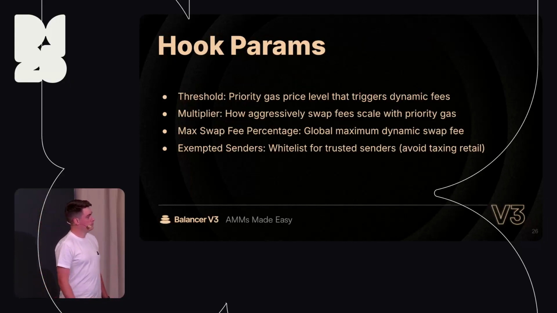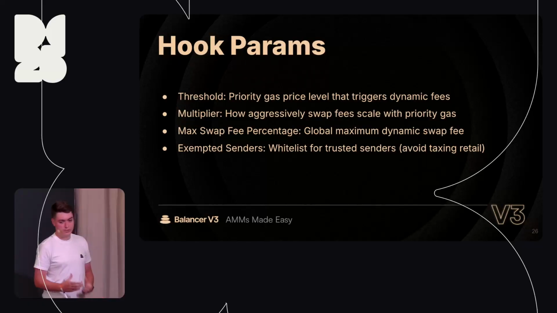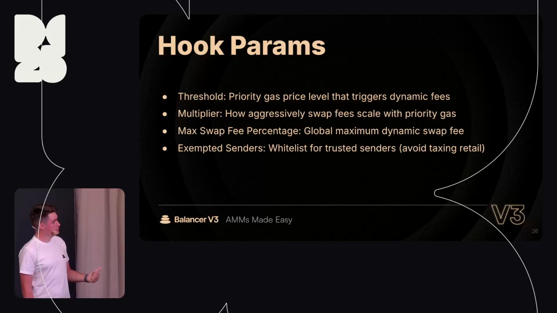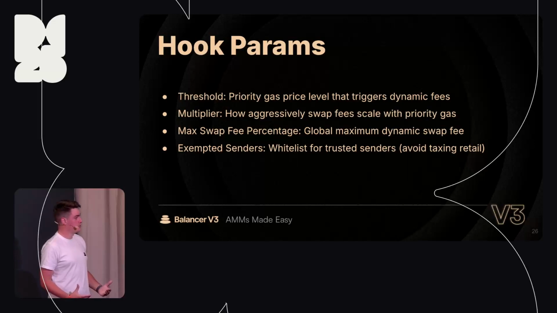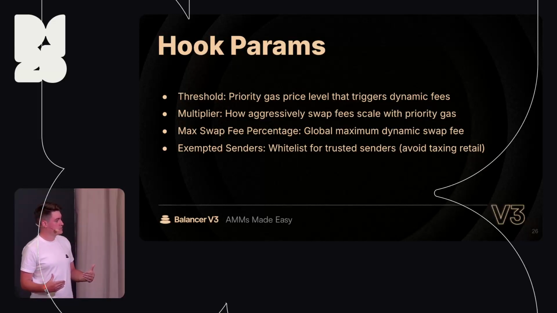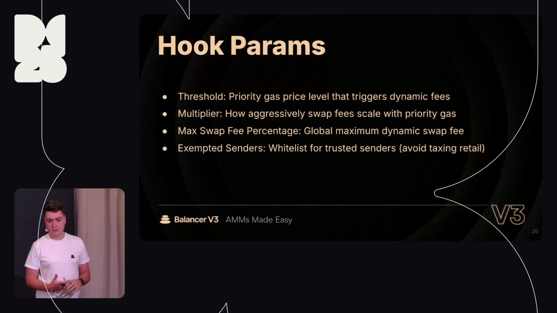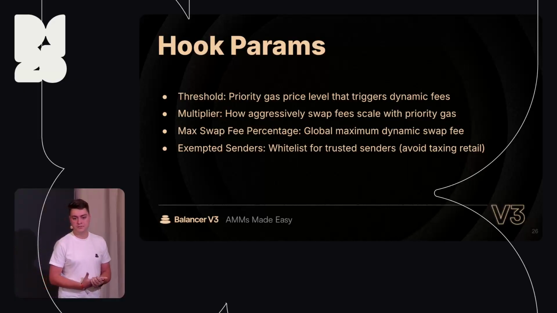We have a few hook params. That's how we are modeling the problem, and that's how we're going to apply the dynamic fee. So first of all, we decided to have a threshold, and that's the threshold that determines when you start charging priority fees. We don't want to charge priority fees from solvers, aggregators, and retail users.